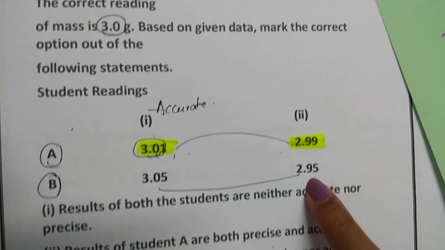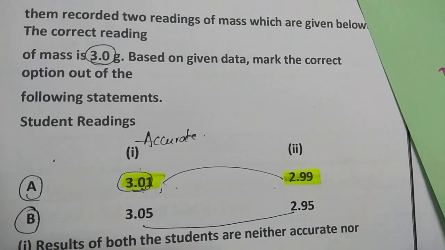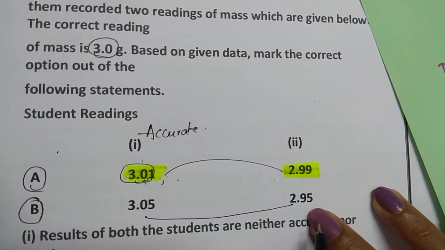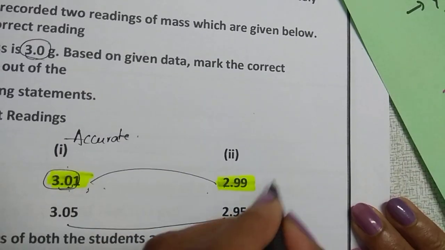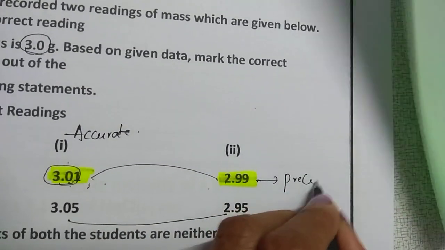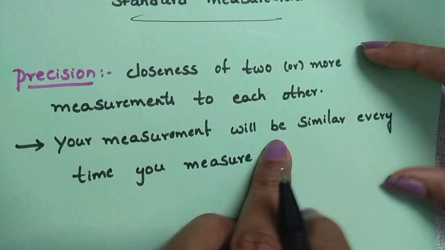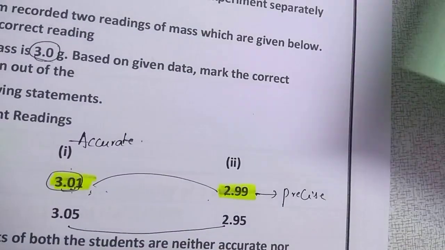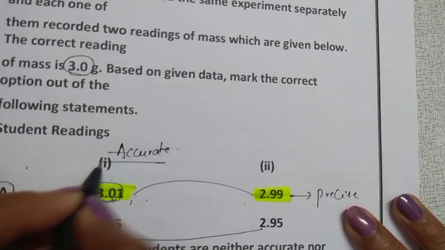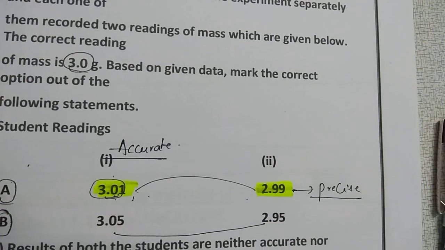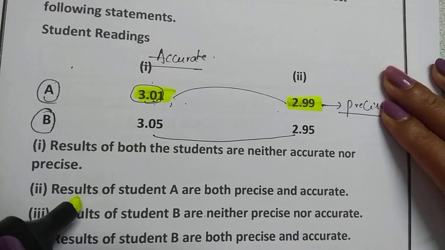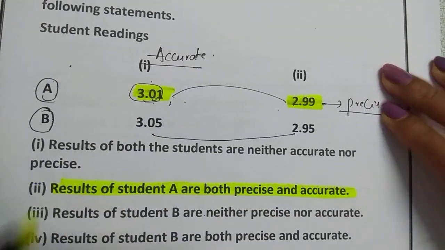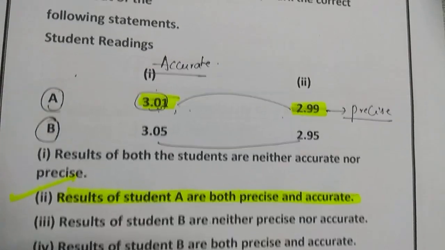So this is more precise. Precise means your measurement will be similar every time you measure. So A is accurate as well as precise. Then your option is that the results of student A are both precise as well as accurate. The second option is the correct answer.